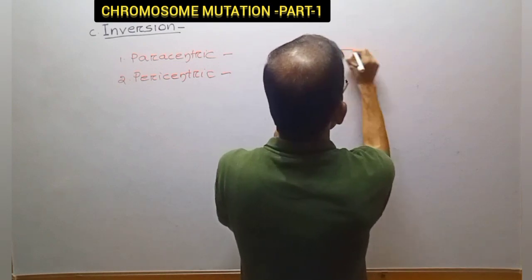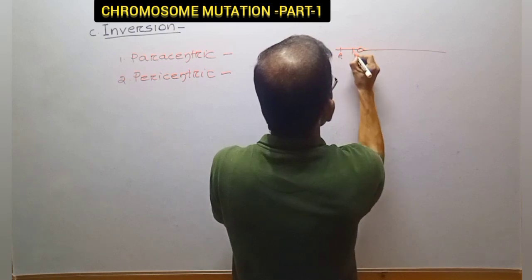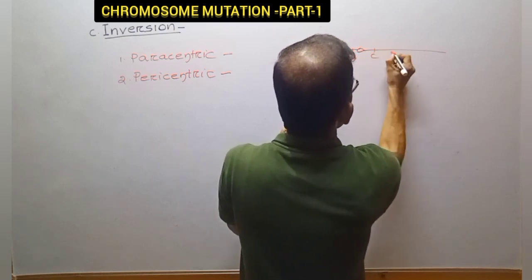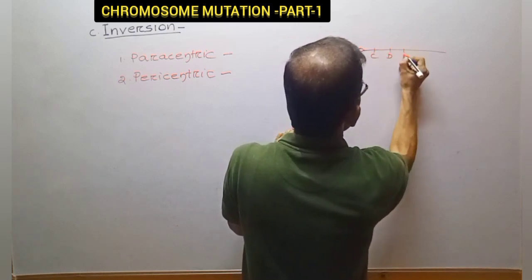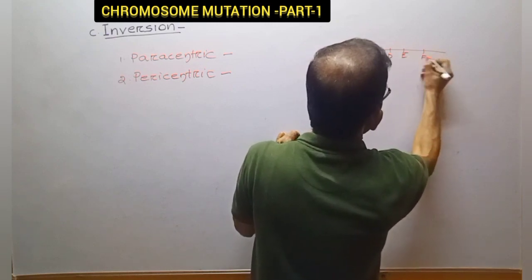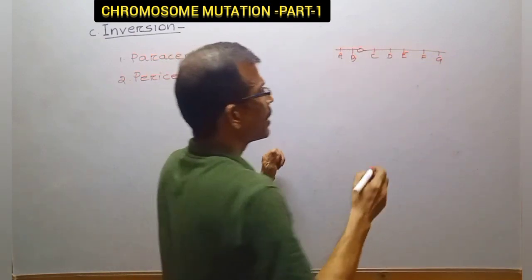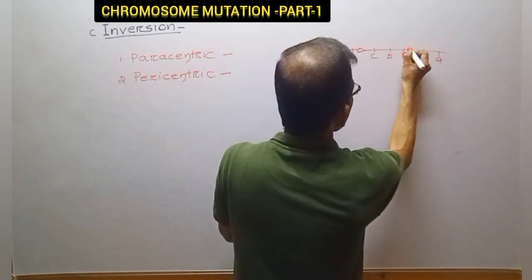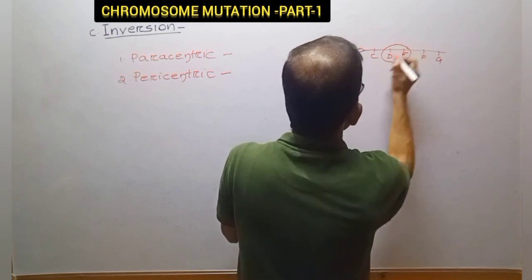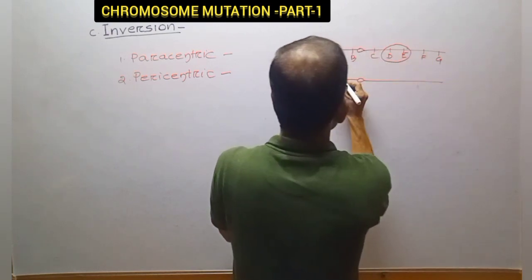Consider a chromosome having segments A, B, C, D, E, F and G. For example, if the segment DE is inverted, then the resulting chromosome will be like this.